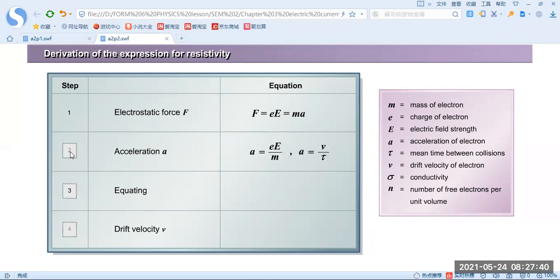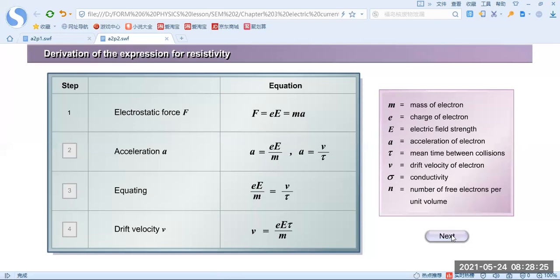Acceleration a is equal to eE over m, the charge of a single electron times the electric field over the mass of the electron. And a equals v over t. So from here, eE over m is equal to v over t. That means v will be the drift velocity. Drift velocity also equals eEτ over m, where τ is the mean time between collisions.